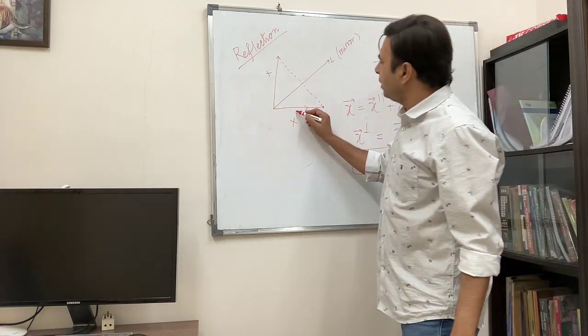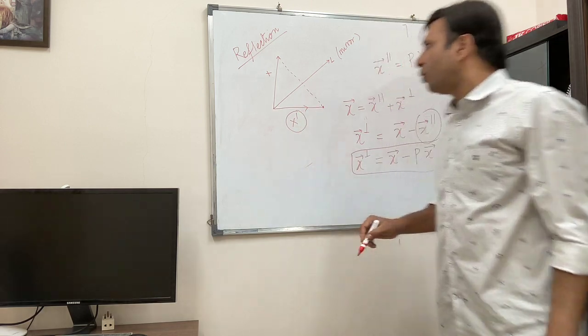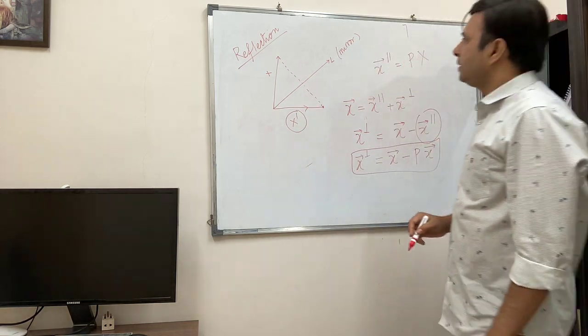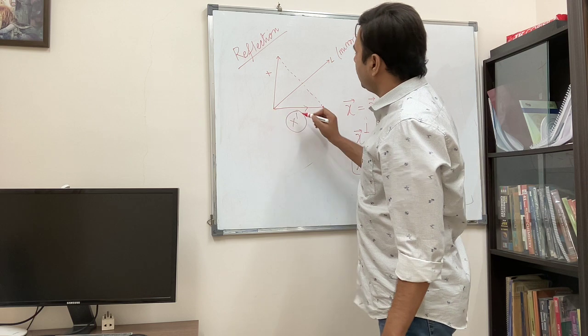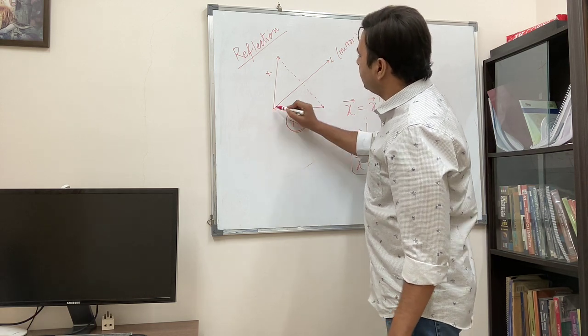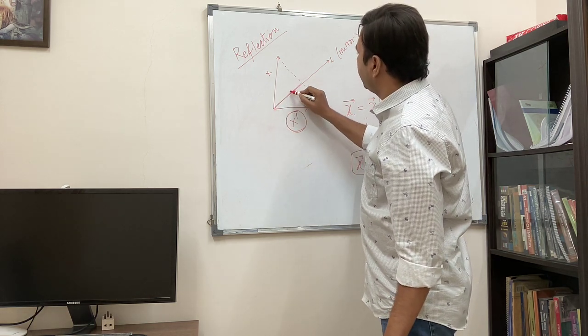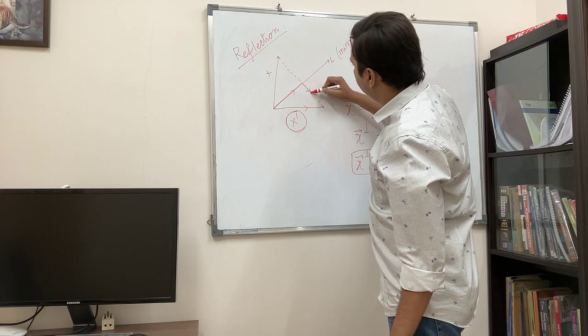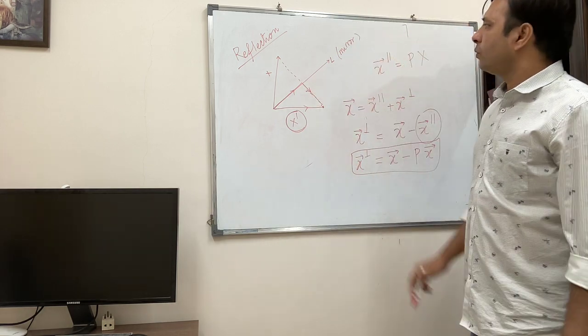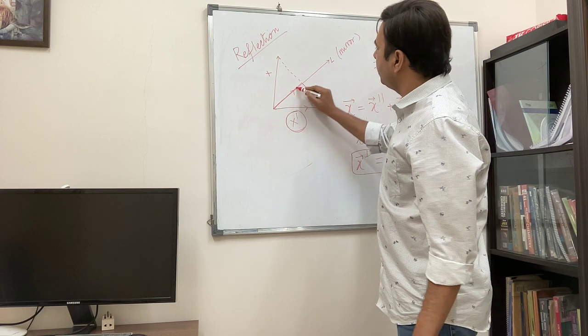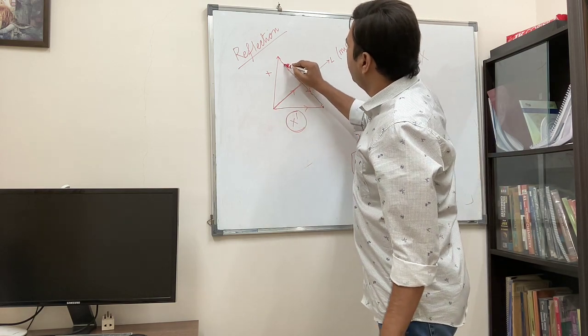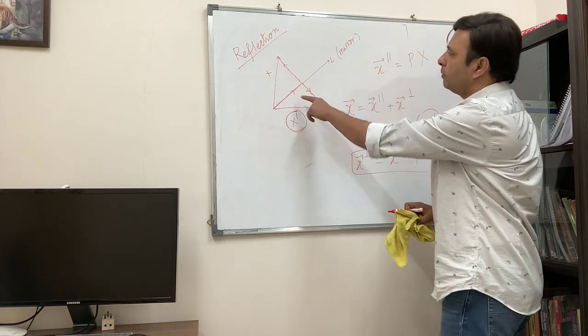What if I am interested in knowing what this x dash is? How can I know that? It's easy, because x dash is this vector plus this vector, right? And what was x? x was this vector plus this vector. Now I know both components of it.